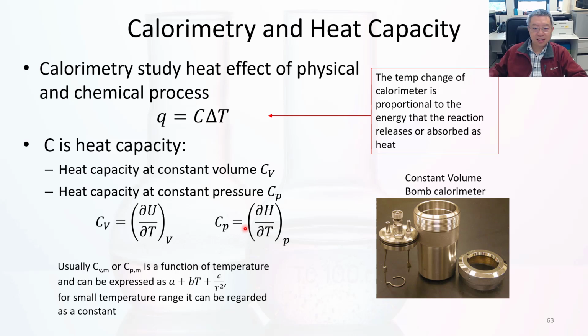Some materials have higher heat capacity, some have low heat capacity. Why do they have high heat capacities? If you think about the mechanisms or physical meaning of heat capacity, it really means how well a system can store thermal energy before the temperature rises.